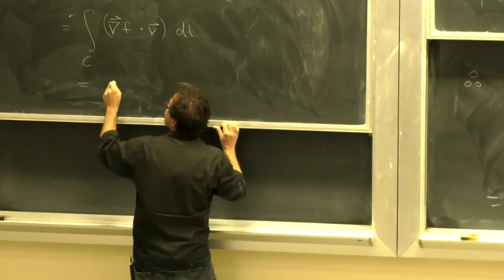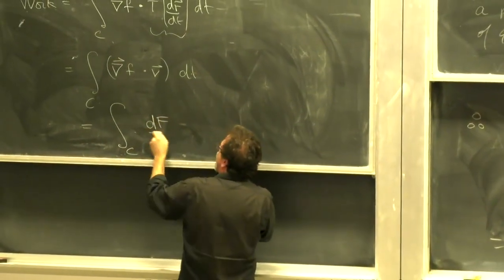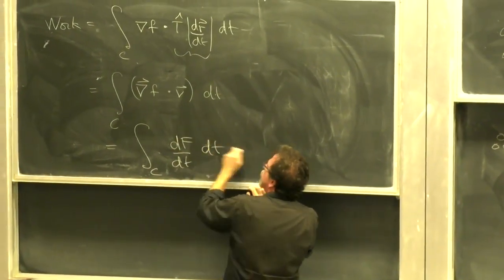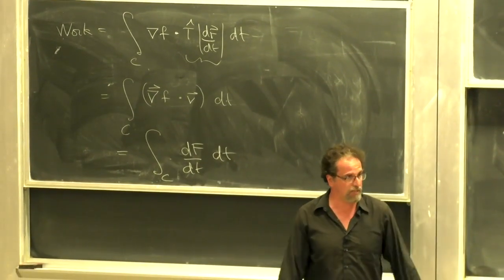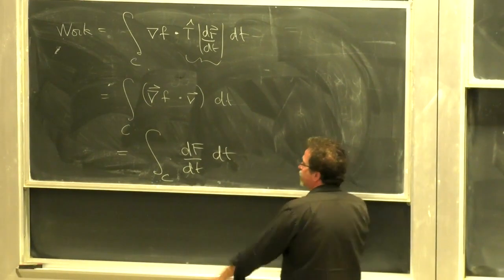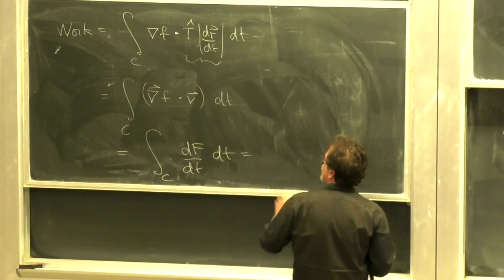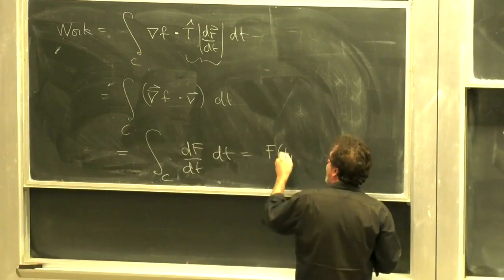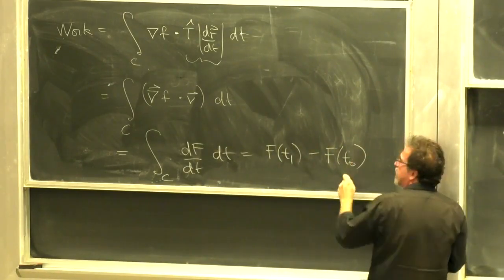And so this is equal to the integral along the curve of dF dt integrated with respect to t. But by the fundamental theorem of calculus, this is the antiderivative of the derivative. So this is F at t1, the end time, minus F at t0, the beginning time.